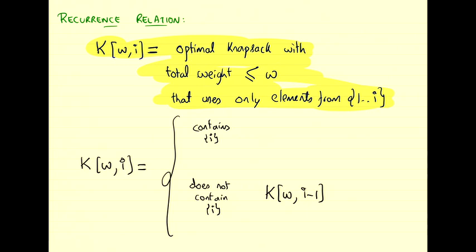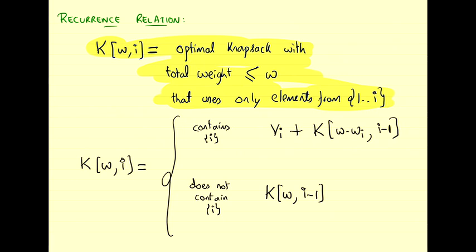On the other hand, if it does contain i, I can take out the element i. So I get a value of v sub i. And in what's left, I have weight which is W minus w sub i and elements from 1 through i minus 1. And so that's my recurrence relation.